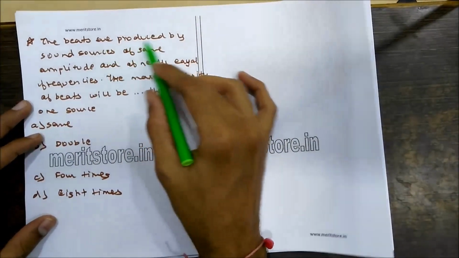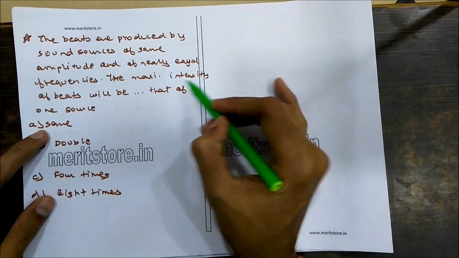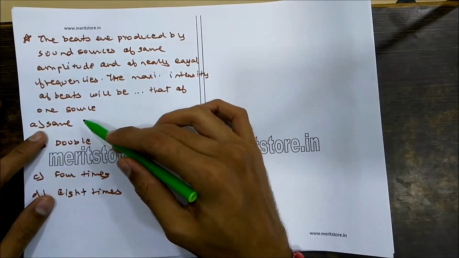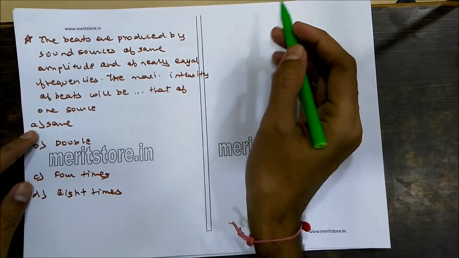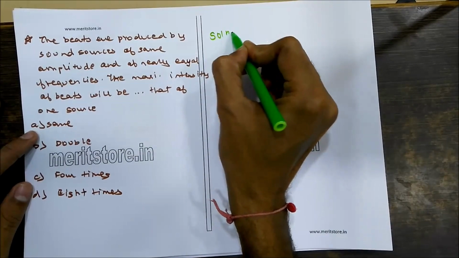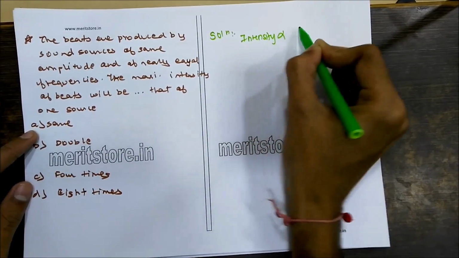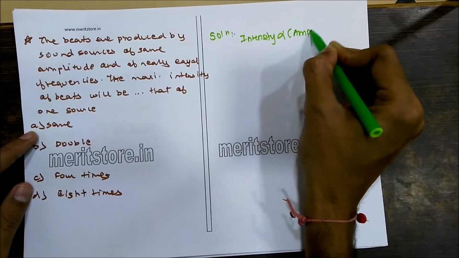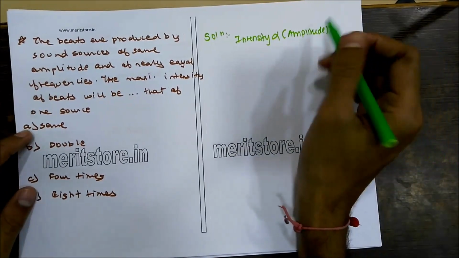The beats are produced by sound sources of the same amplitude and nearly equal frequencies. The maximum intensity of the beats produced will be how many times that of one source: same, double, 4 times, or 8 times. The intensity is directly proportional to the square of the amplitude.